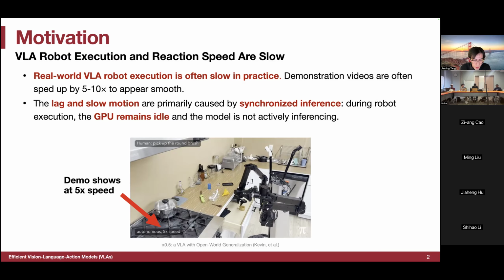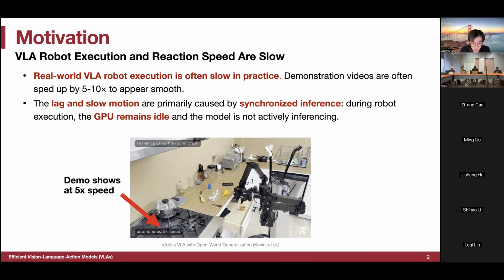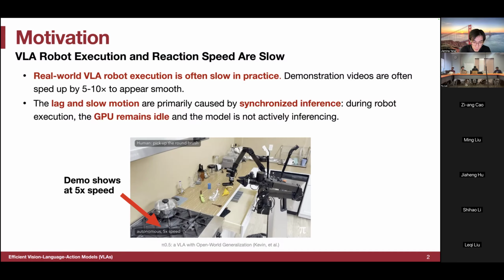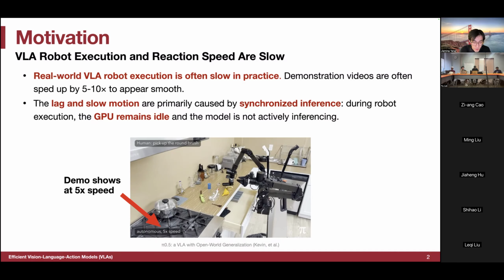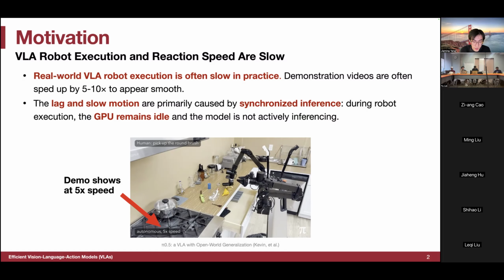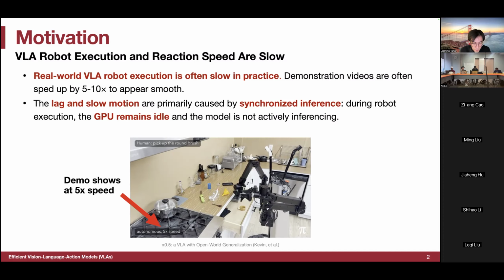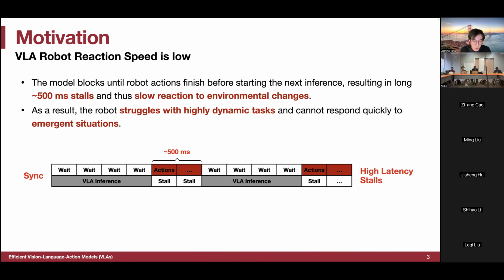As a result, the robot cannot handle many dynamic tasks like playing ping pong, or handle emergent situations such as mistakenly dropping an item during pick and place. This is the main drawback of synchronous inference: it limits the robot's reaction speed.